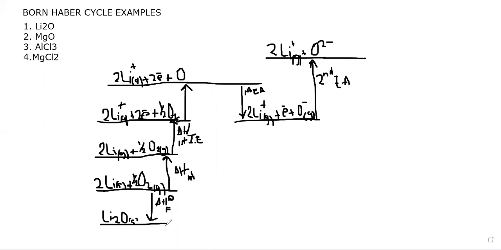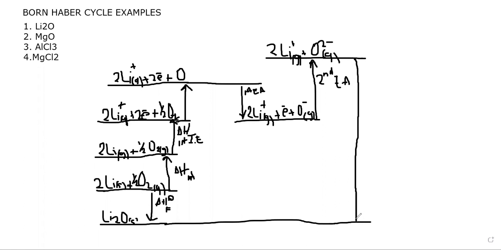And now the final part of it, the lattice enthalpy: 2 lithium ions plus the oxide ion to form lithium oxide. And that's the cycle for the formation of lithium oxide. This part of the arrow was the enthalpy for the atomization of oxygen.